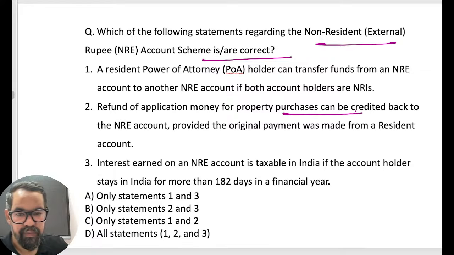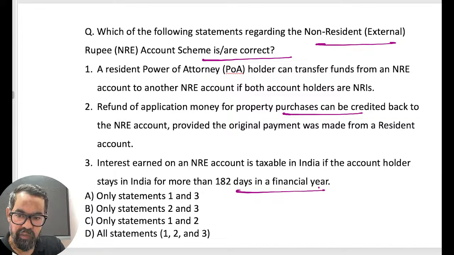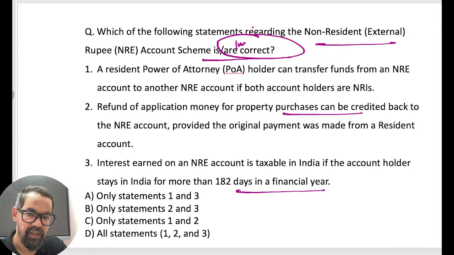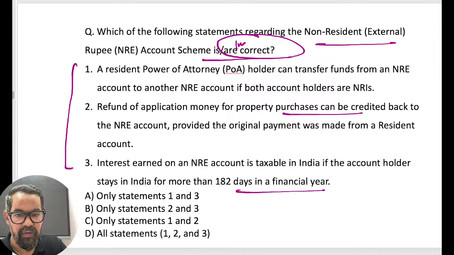So what we have to find out, I guess the question is wrong, ठीक है, because all are wrong here. We have to find out the incorrect statement. I'll change this option, ठीक है. We have to find out the incorrect statement, because what I can infer is that all the statements are wrong in this case.